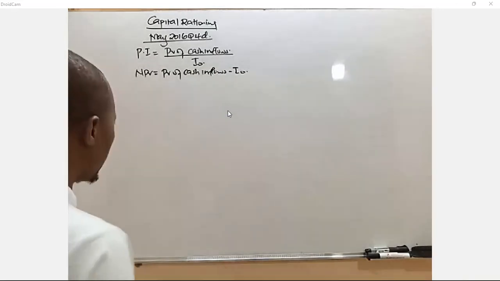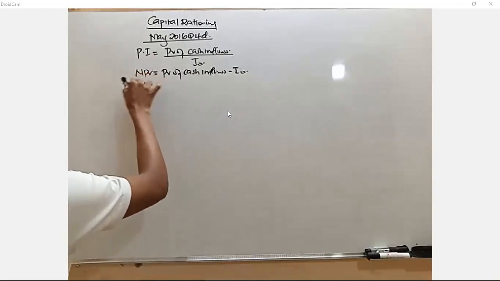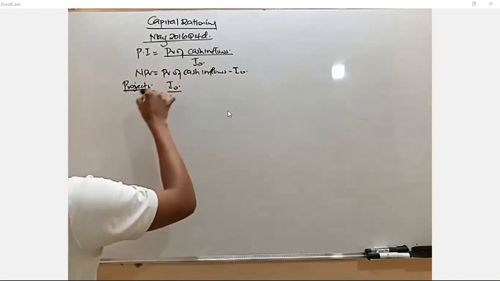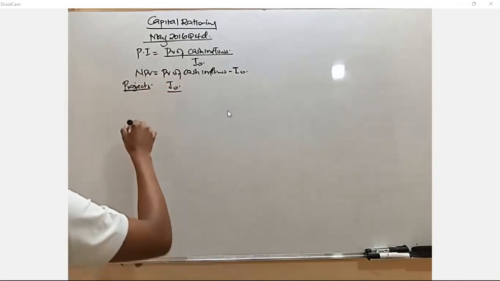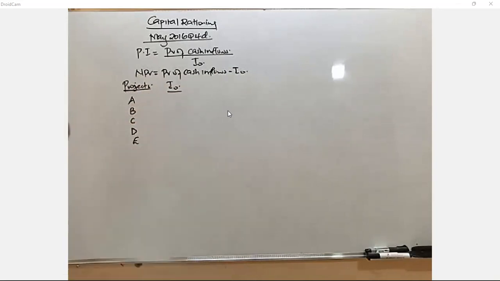So based on the information you have been given, we have projects A to E, and we have the initial outlay provided.